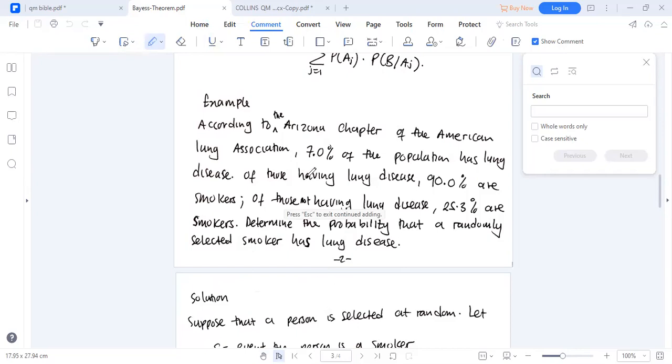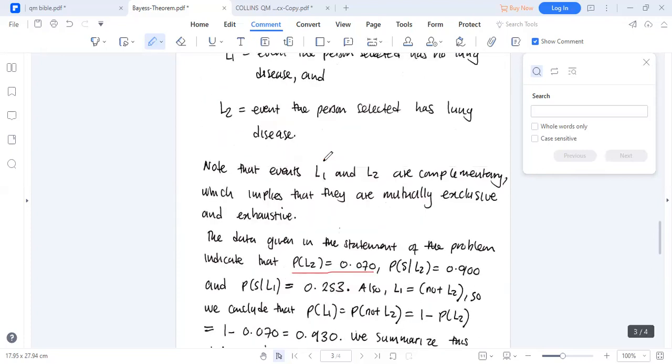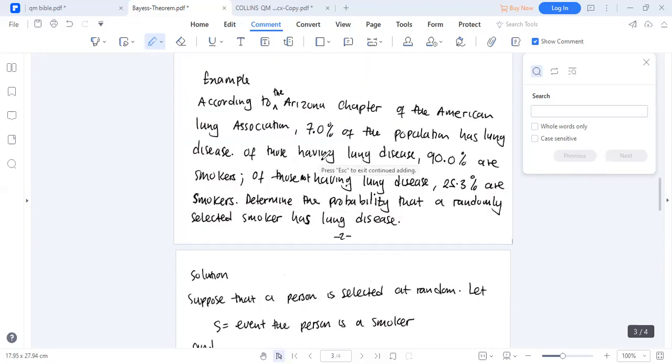So those that have lung disease is 0.07. Let me use my own letters.